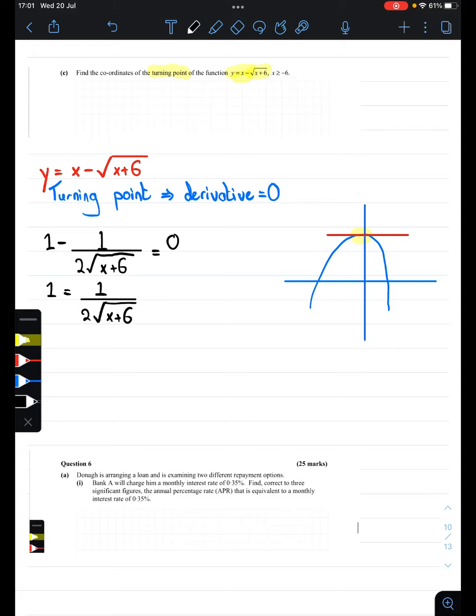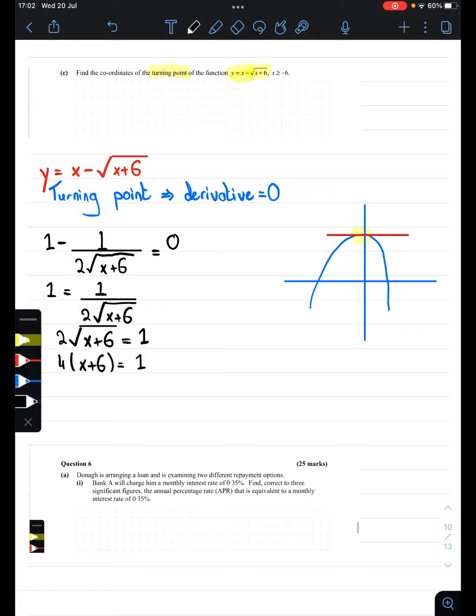So 2 root x plus 6 equals 1. And now remember, whenever we have a square root, we always try and get rid of it. So we square both sides, and 4 by x plus 6 is equal to 1.